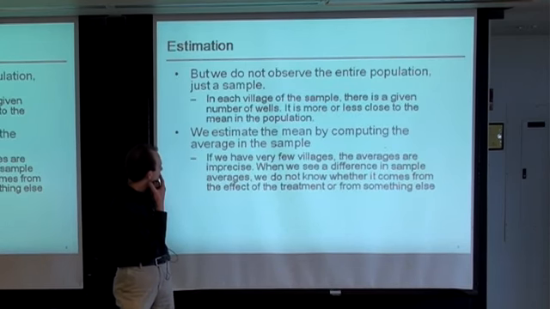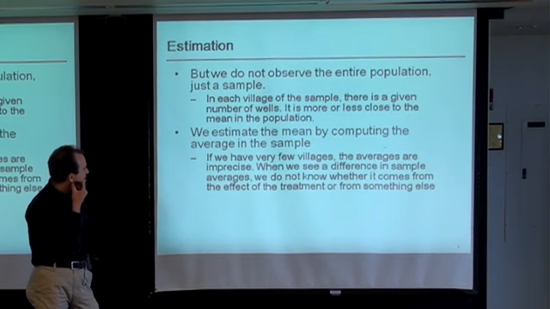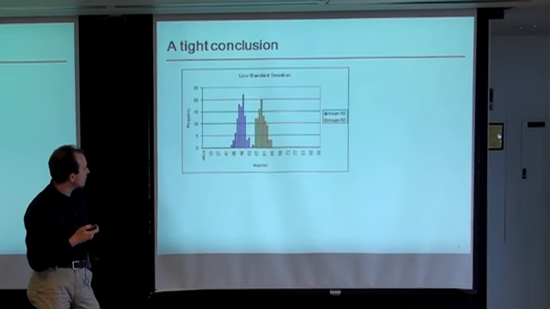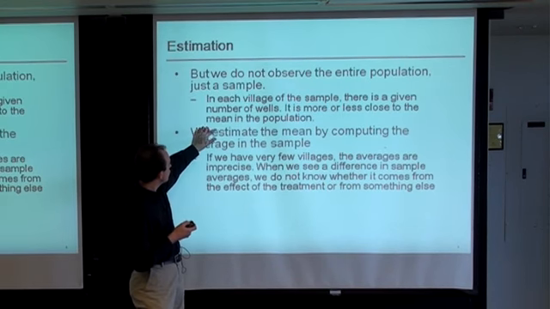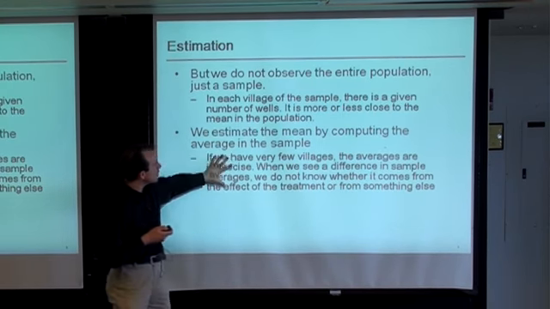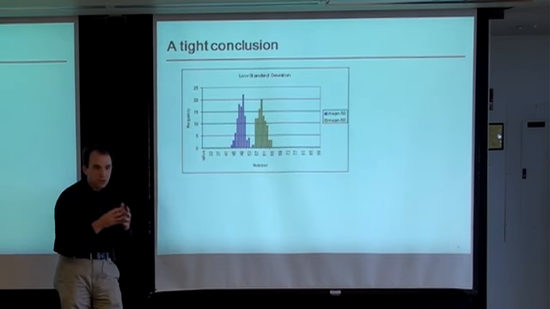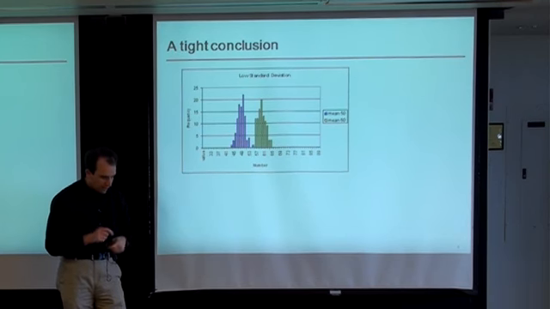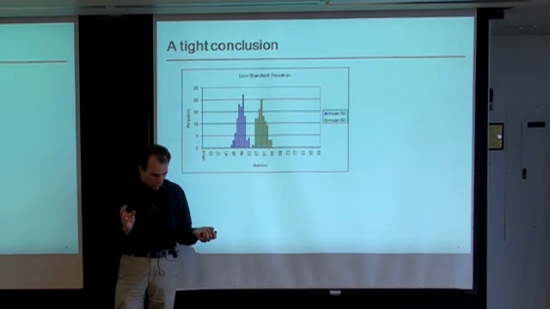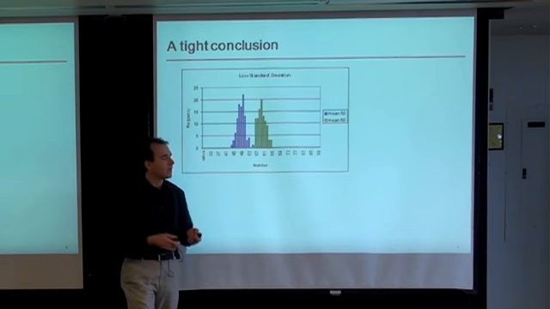So for example, in some sense, what we need to know is, going back to before, if these two groups were the same, and I sampled them, what are the chances I would get the difference that I observed by random chance?